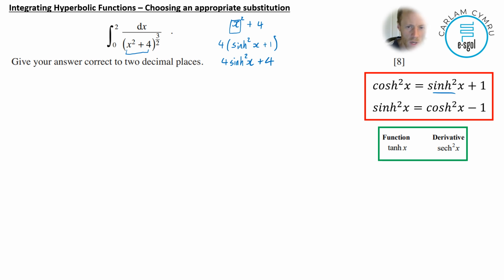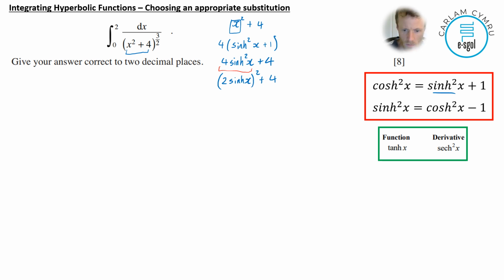And I need to make sure that this whole thing here is being squared. At the moment, only the sinh bit is being squared, not the 4, so I kind of want to combine that together. If I did this, 2 sinh x all squared plus 4. That 2 squared would give you the 4, and the sinh x squared would give you the sinh squared x.